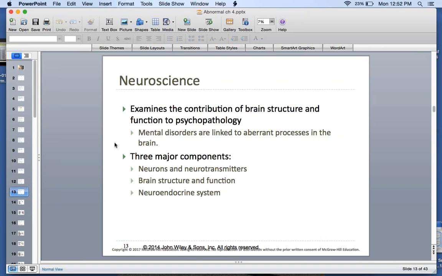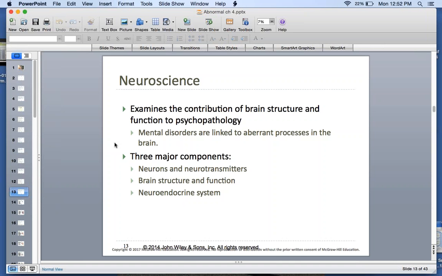Now, close to this is neuroscience. Sort of go from there to here, right? So before we were talking genetics, now we're talking brain, right? Neuroscience examines the contribution of brain structure and function to psychopathology.